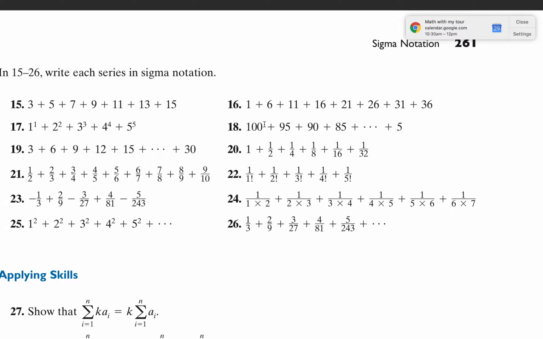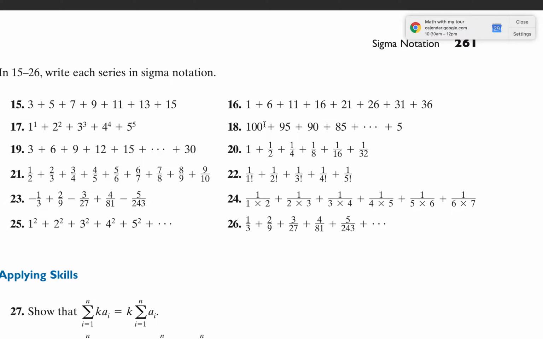If we start from 1... you can start from 0. Yeah, you can start from 0, and we got something times 0 is 5. 5 times n, because the common difference is 5.